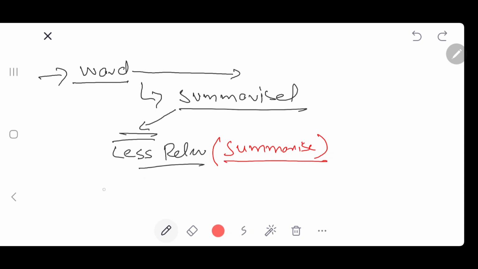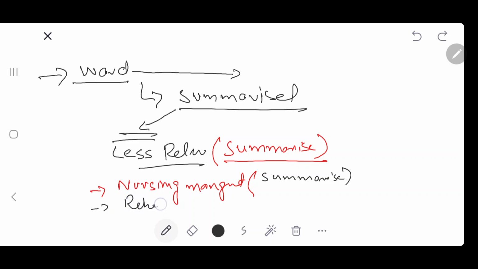Similarly, the nursing management would be comparatively more relevant than the ward. So, though you have to summarize, do it more than you do for the ward. And sometimes we have rehab.